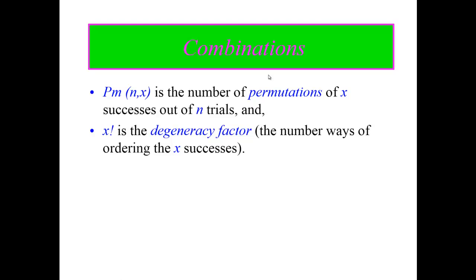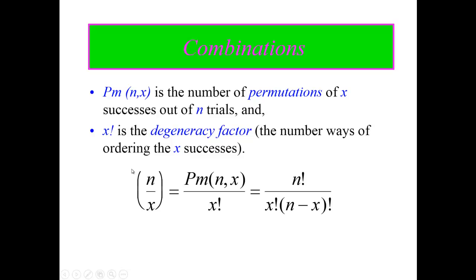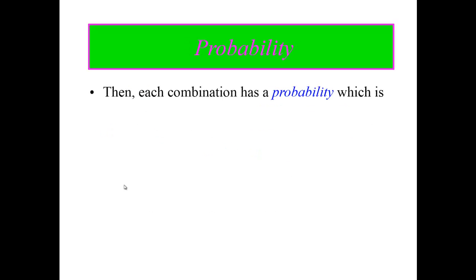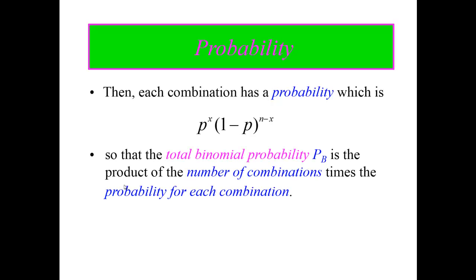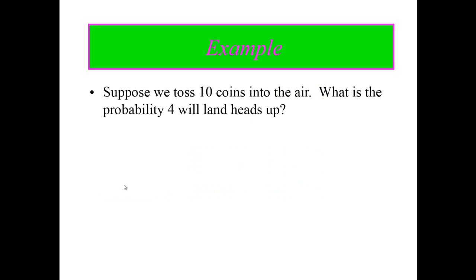And if we don't care about order, we only care about how many of a particular kind of success that we got in our n trials, then the number of permutations would be divided by this x factorial factor. And so that's what gives us this term. And it's important that we take that into account when we calculate the probability of getting a particular kind of result. So each combination has this probability, as we already mentioned, so that the total binomial probability is the product of the number of combinations times the probability for each combination.